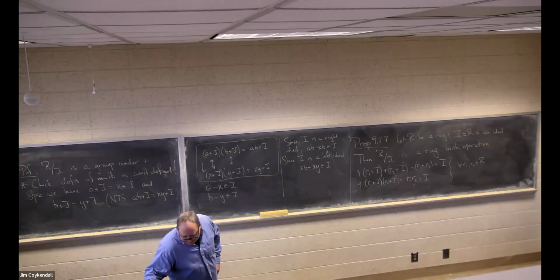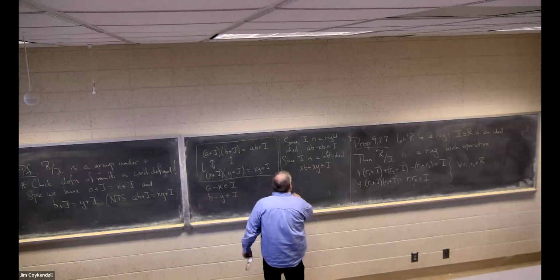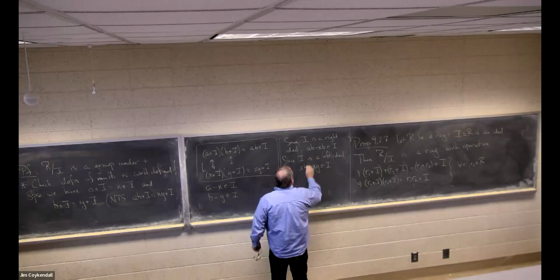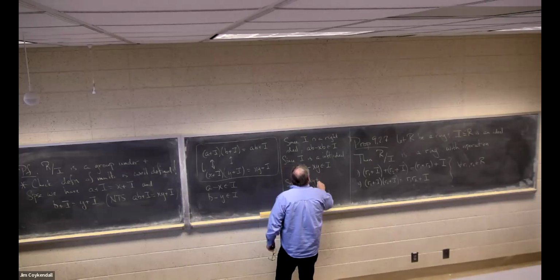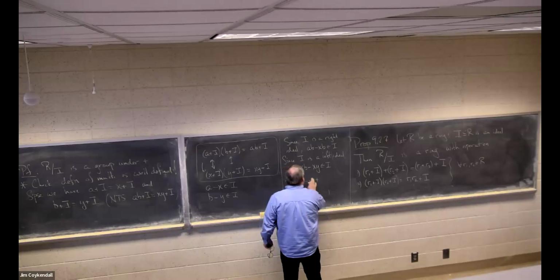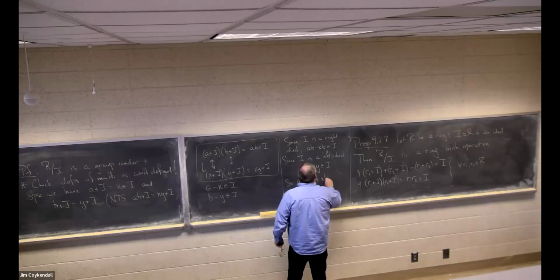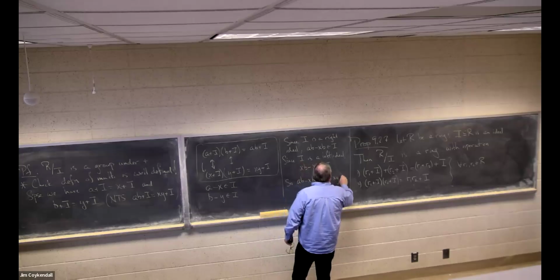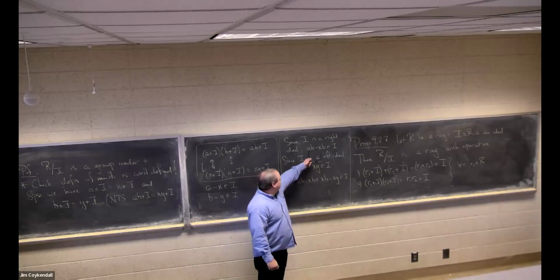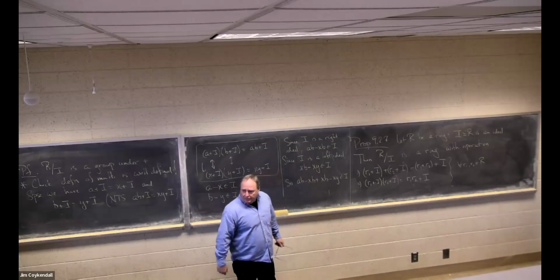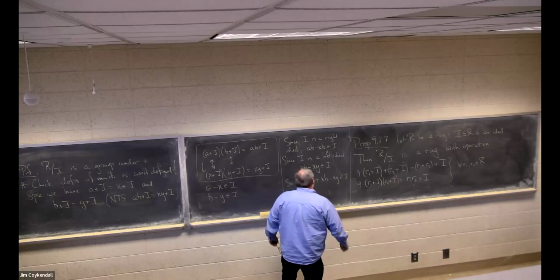So what does this mean? These two things: AB minus XB plus XB minus XY is in I. Because this thing is in I, this thing is in I, and it's a subgroup, when you add stuff up, it's in there.